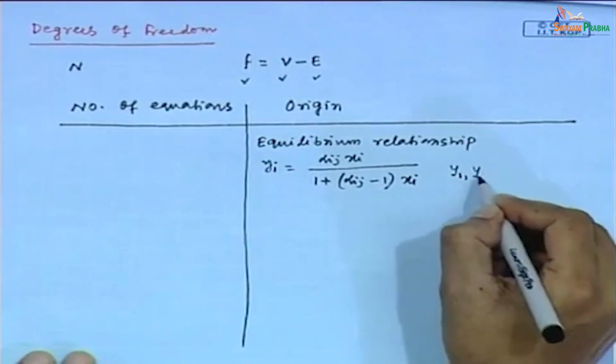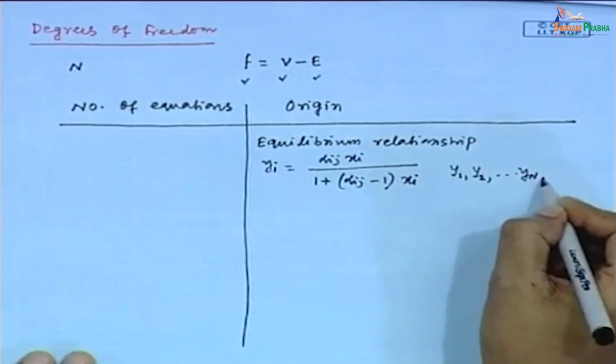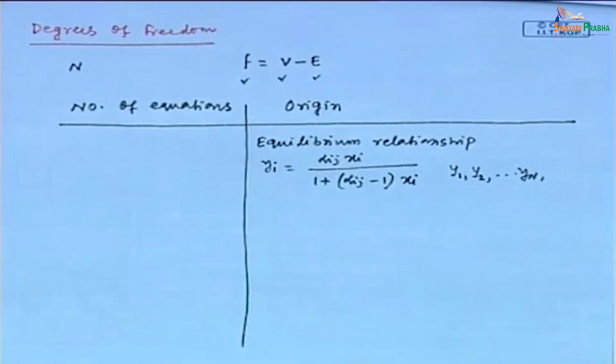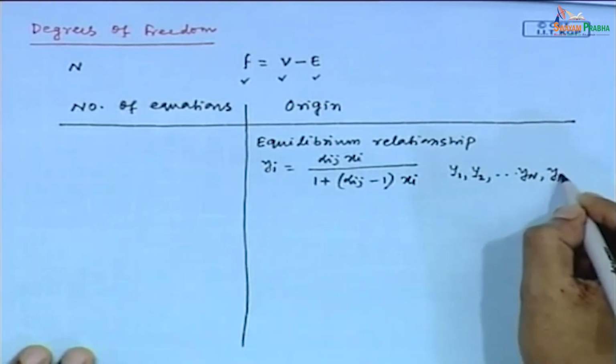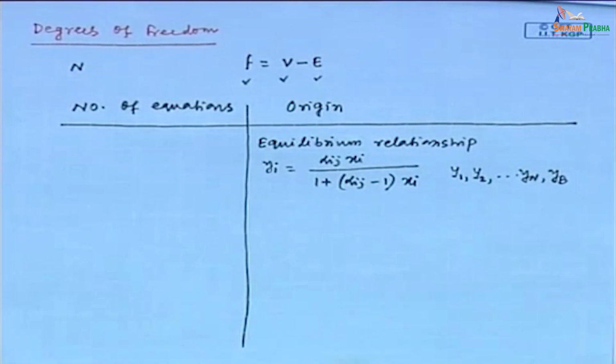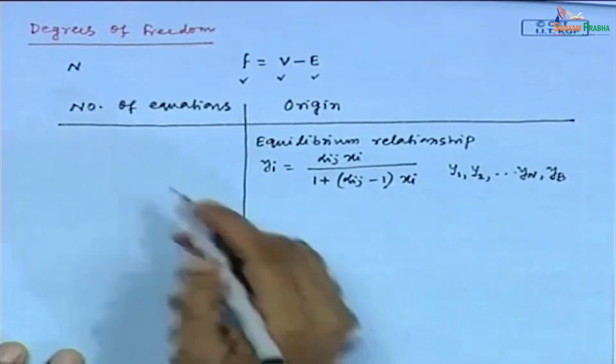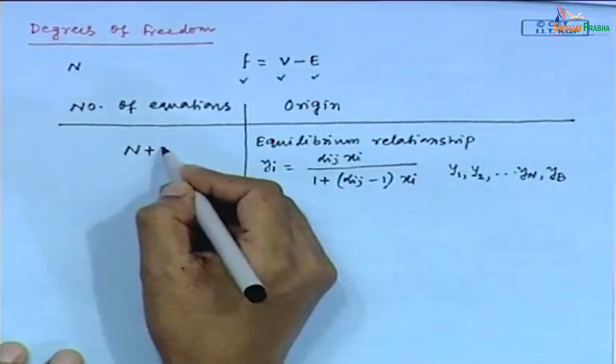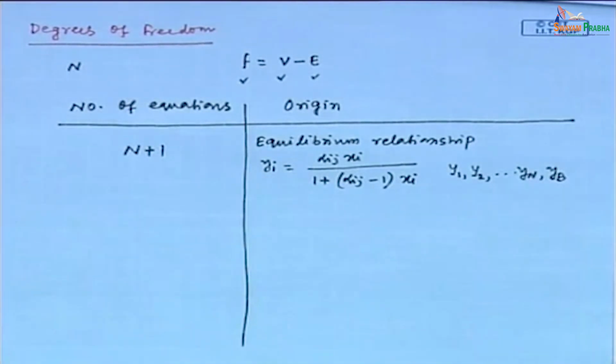How many y are involved in the distillation model? y1, y2, yn, and another y is involved, that is yb, the composition of boiled up vapor. So, what is the number? N plus 1. So, the total number of equilibrium equations involved in the distillation model is N plus 1.